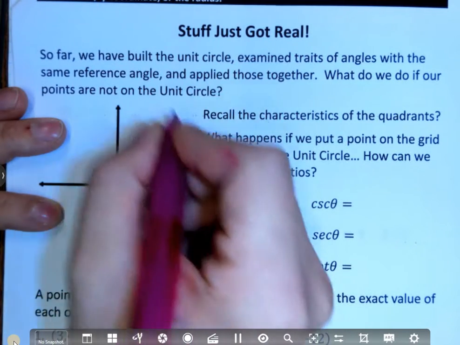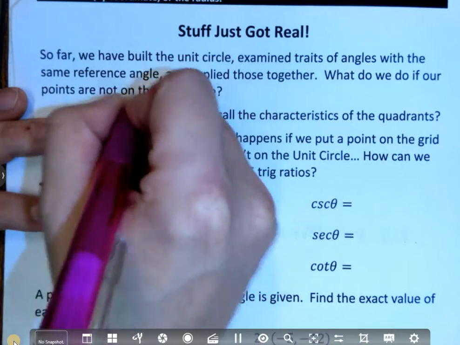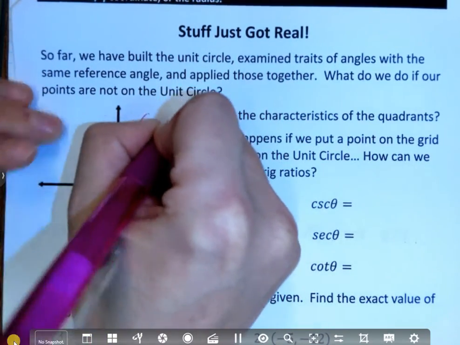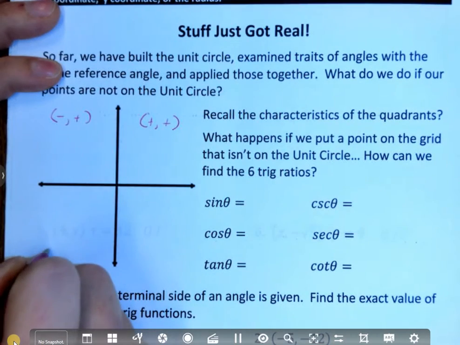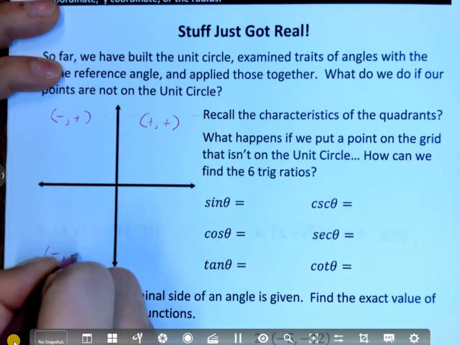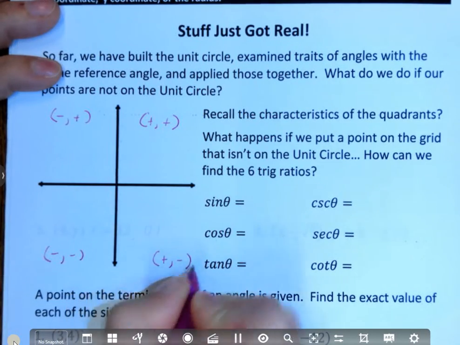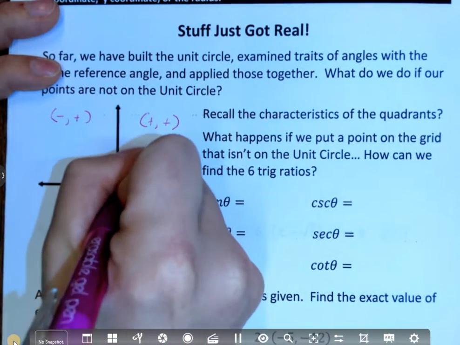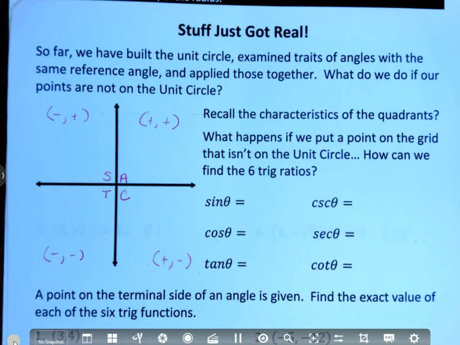And first quadrant, all of my coordinate points were what? Positive, positive. Second quadrant, negative, positive. Third quadrant, negative, negative. Fourth quadrant. Okay. We also talked about all students take calculus, which is another way to remember this. Hopefully so far, not a single thing new.